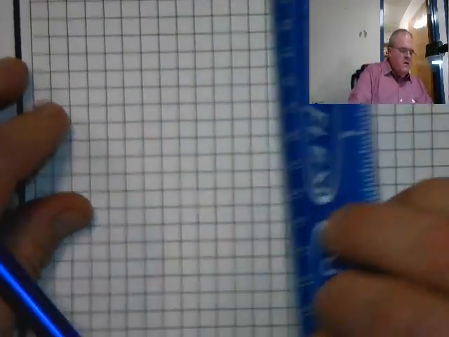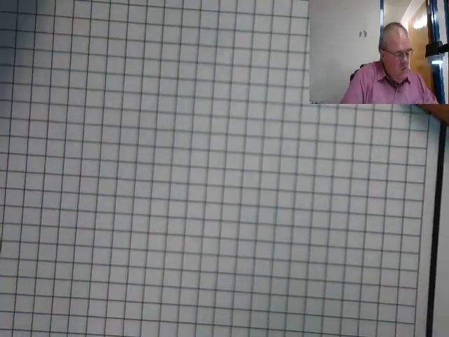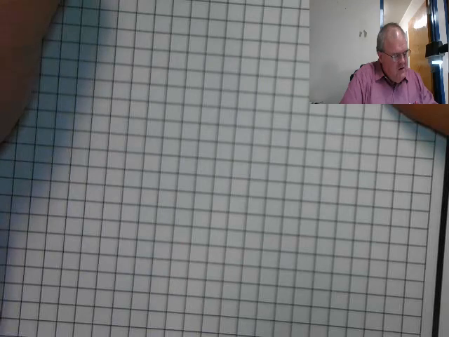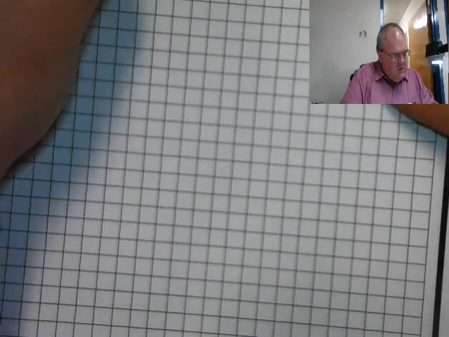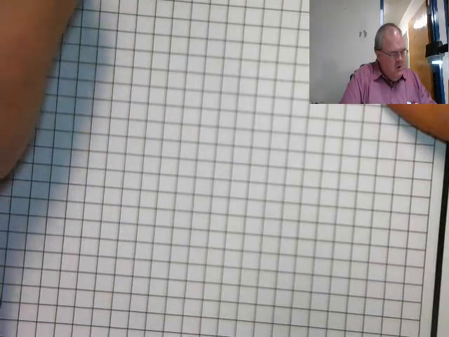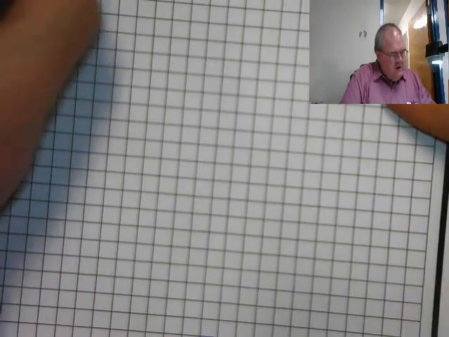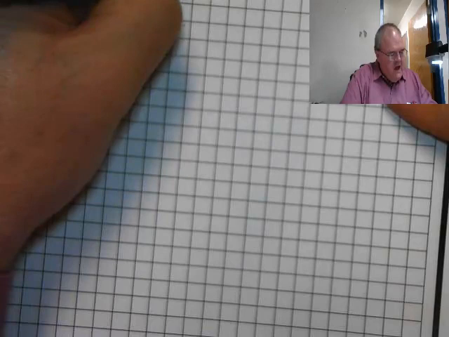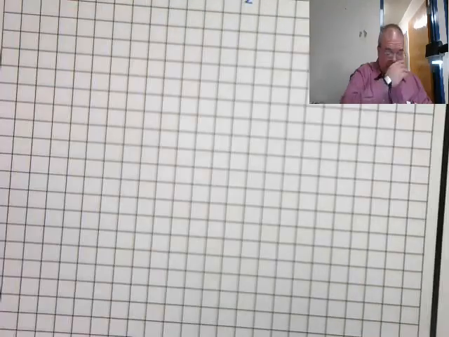So we're going to decide, one, where our asymptotes are going to be. So we're going to say that 2x equals 0 and 2x equals pi. So I'm going to divide by 2, and I get x equals 0, and I'm going to divide by 2 here, I get x equals pi over 2.